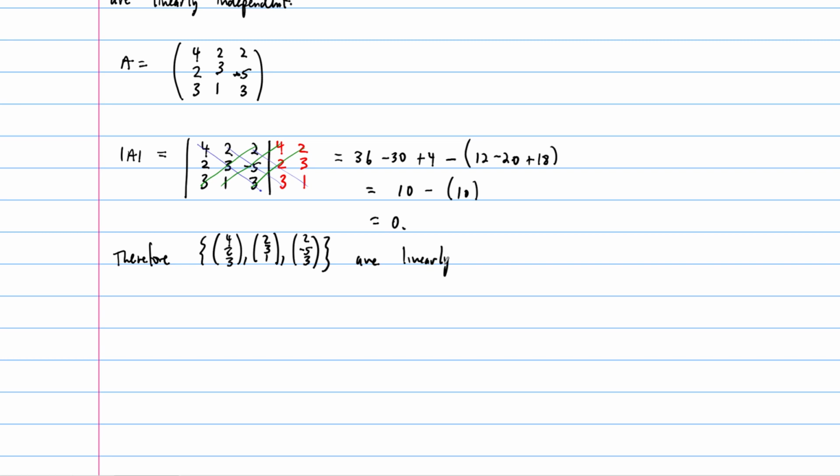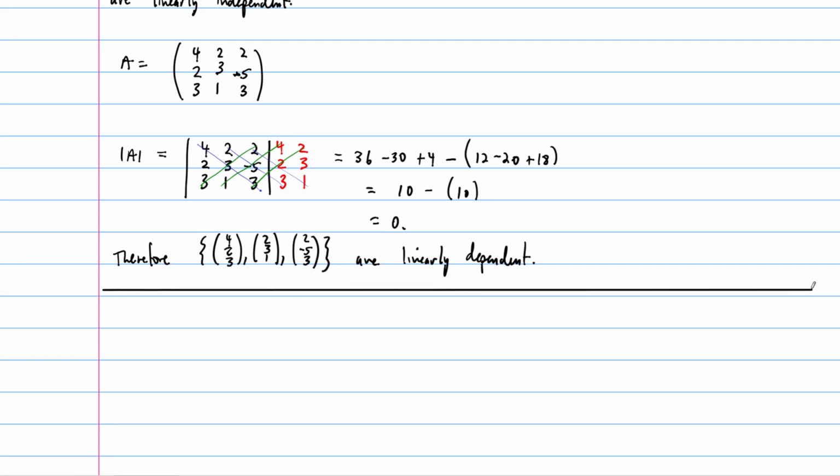Now at this point you could try to find the coefficients that make one of these a linear combination of the others if you wish, but you don't have to, because the determinant method has shown us that these are linearly dependent. And that means the system of equations we would have gotten if we wrote out all the details would have had a non-trivial solution to the homogeneous system.